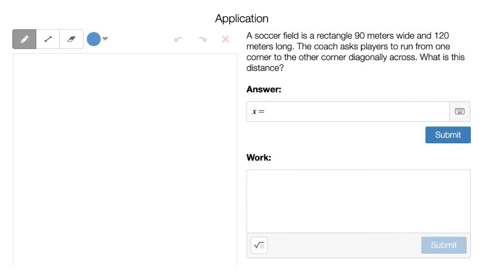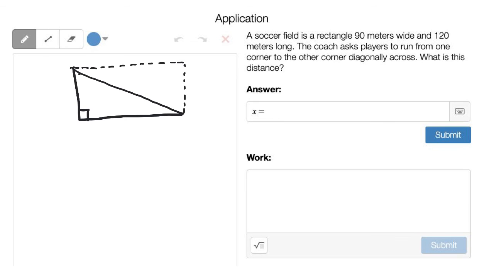This is the last problem we're doing. Again, I see words, so I'm going to go ahead and draw my right triangle. And then I start reading, and I see it's talking about a soccer field. And the soccer field's a rectangle, so I know it is going to break into a right triangle, but I'll go ahead and draw out that rectangle aspect of it. And it's 90 by 120. It doesn't really matter.